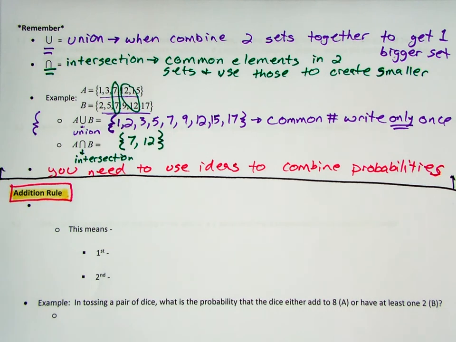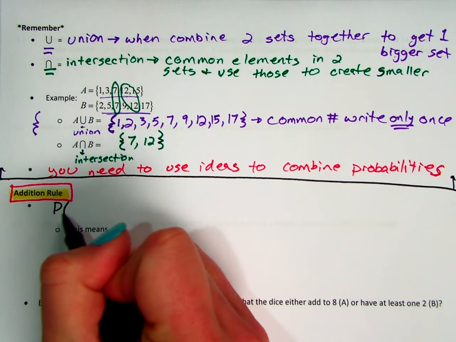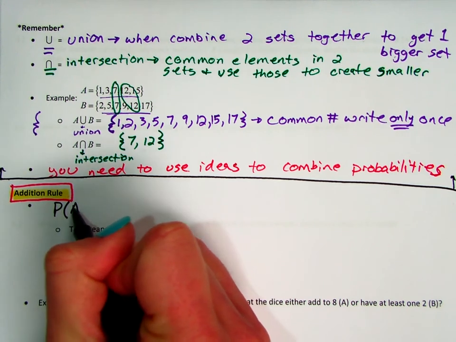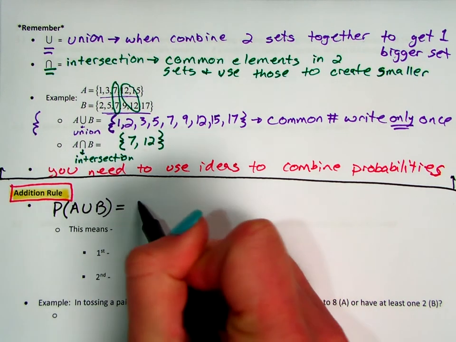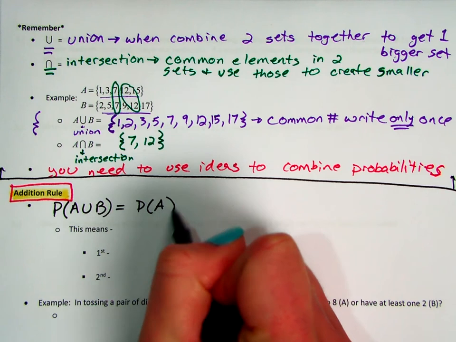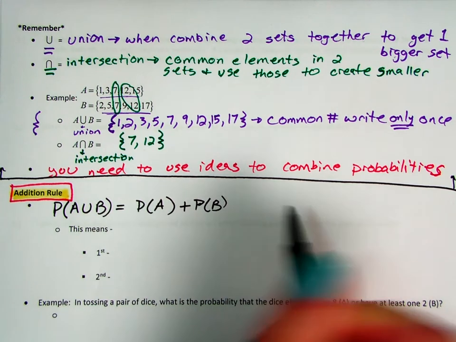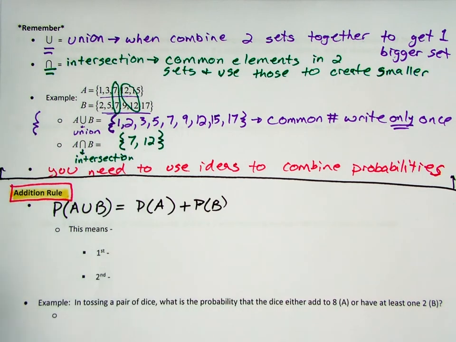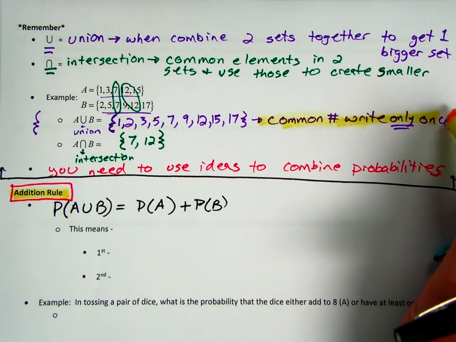So the addition rule is this: the probability of A union B is equal to the probability of A plus the probability of B. But we need to be careful, because remember from before, we wrote any of our common numbers only once.